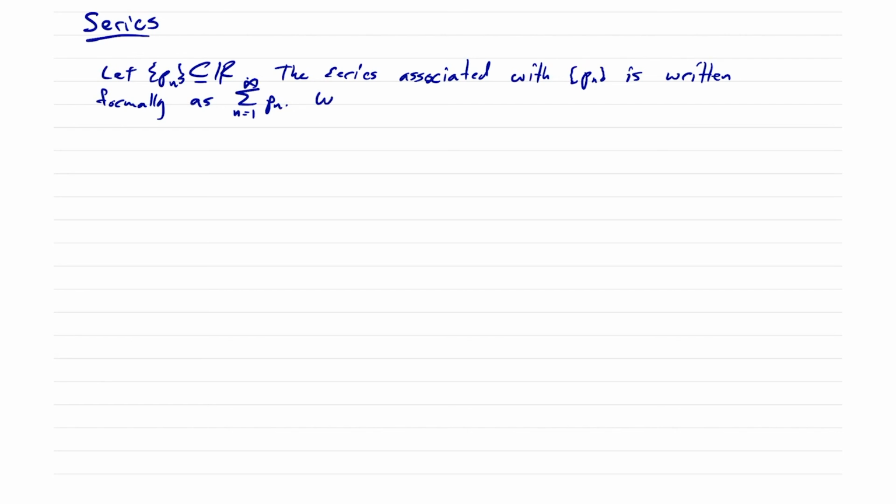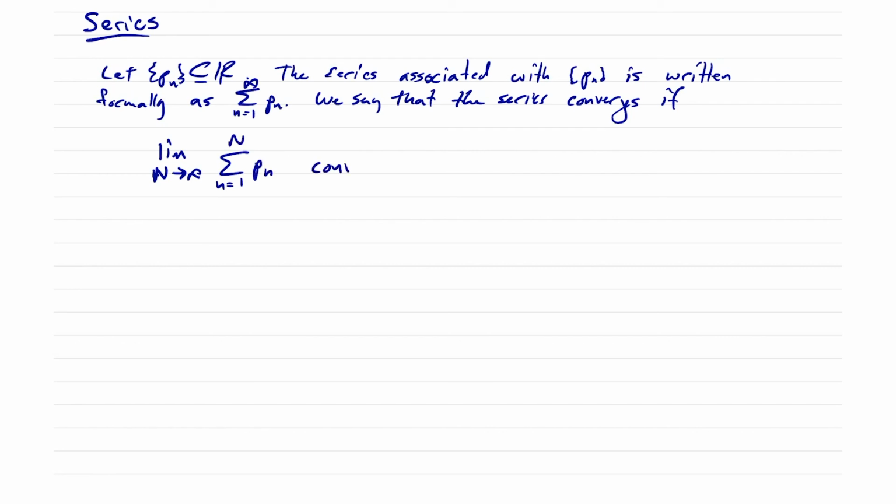And we say that the series converges if we take the partial sums, the limit as capital N goes to infinity of the sum of n equals 1 to N of Pn converges as a sequence.